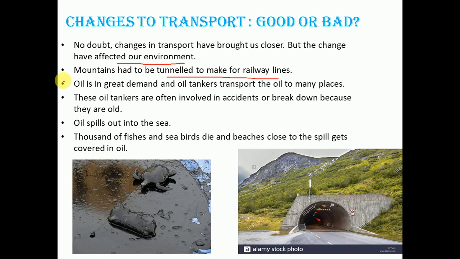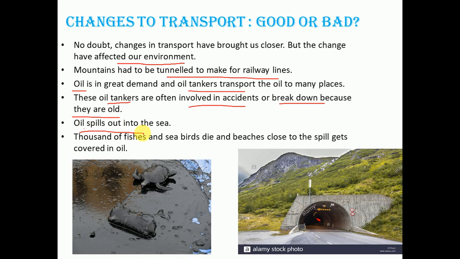Now, we all know that oil is in great demand and oil tankers transport the oil to many places. Now, sometimes what happens, children, these oil tankers are often involved in accidents or they break down because they are old. And when they break down, what happens? Oil spills into the sea. पूरा oil sea में फैल जाता है.